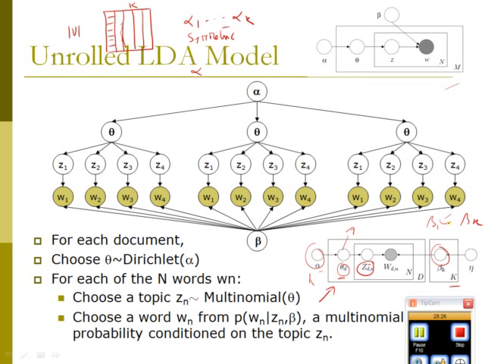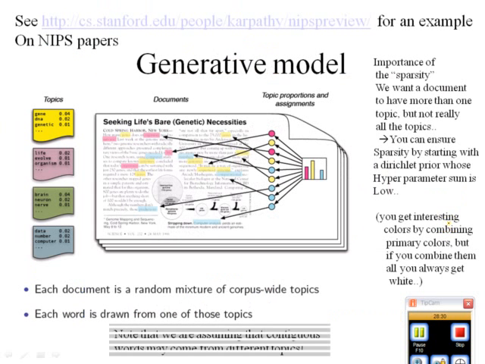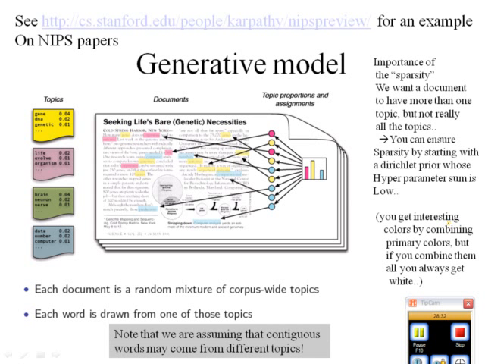So these are multinomials on the number of topics. If you have 15 topics, then you need a multinomial distribution over 15 topics. These are multinomial distributions over the number of words in the vocabulary. These are much more painful looking things: million dimensional if you have a million words in the vocabulary.